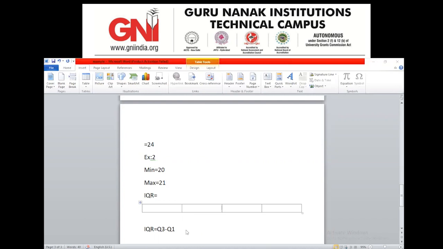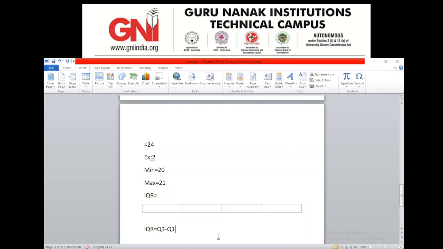So that is called IQR. Have all of you understood this definition? What is the IQR? Yes, right. So now I think all of you understood IQR.